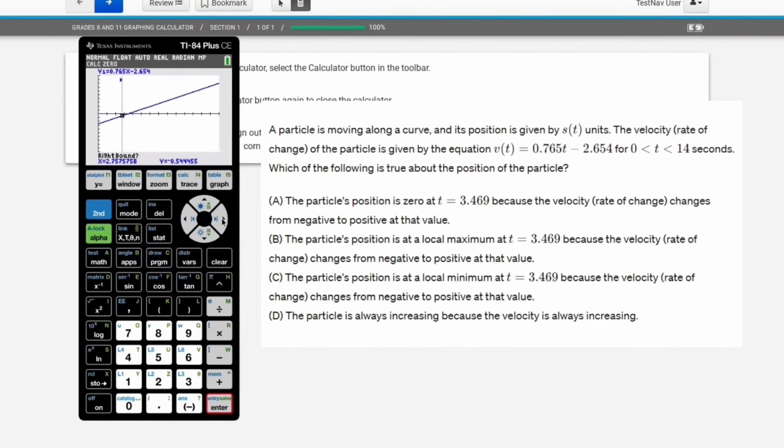If we put the left bound to the left of it, the right bound to the right of it, and hit enter for guess, we have 3.469 is where our slope goes from negative to positive.